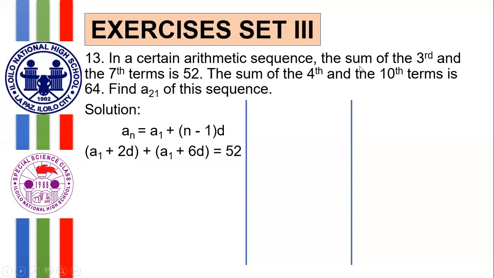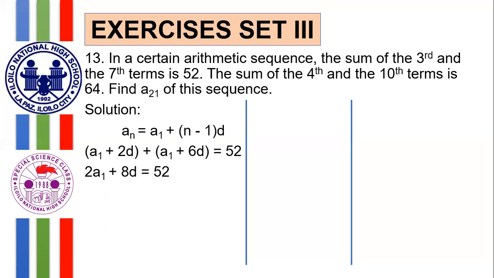And for the seventh term, it's actually a sub 1 plus 7 minus 1, or 6d. And their sum is 52. That's why adding them gives you 2a sub 1 plus 8d equals 52.